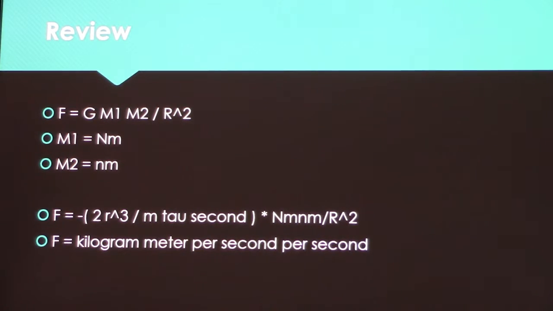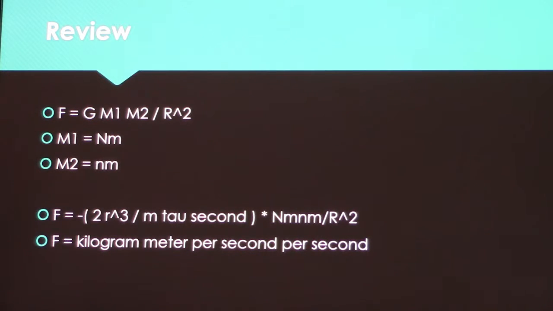Now let's review what we talked about. This first equation is Newton's equation of the force of gravity, big G times the two masses divided by the radius squared. Now, this is converted into the things I've been talking about by recognizing that the two masses, m1 and m2, are really n times the proton mass.